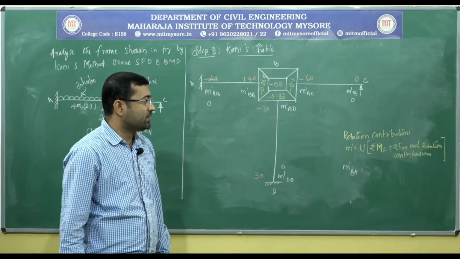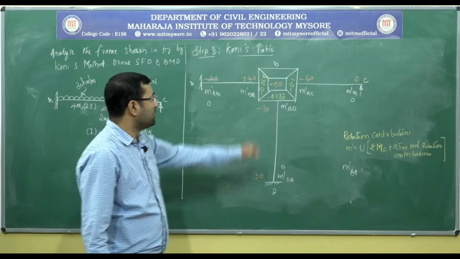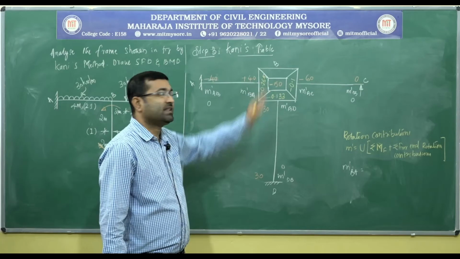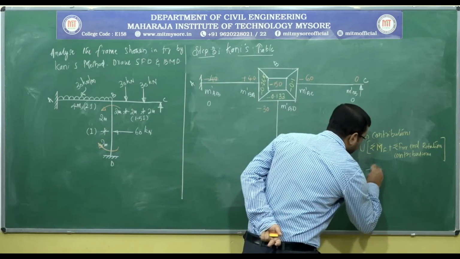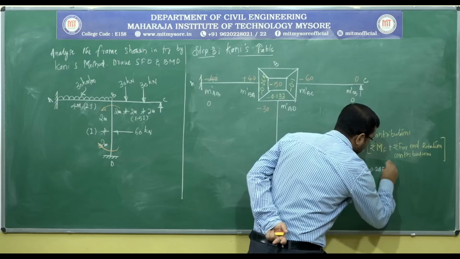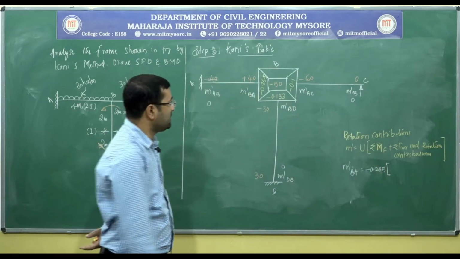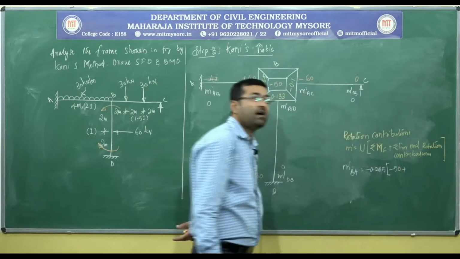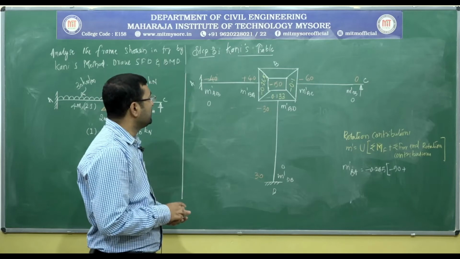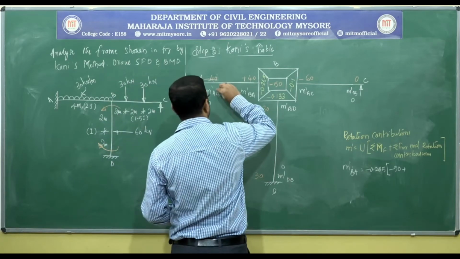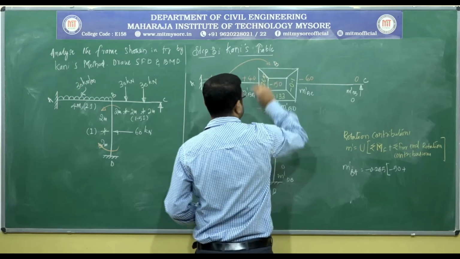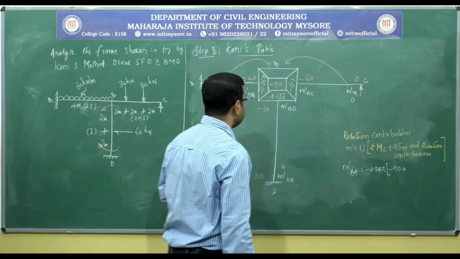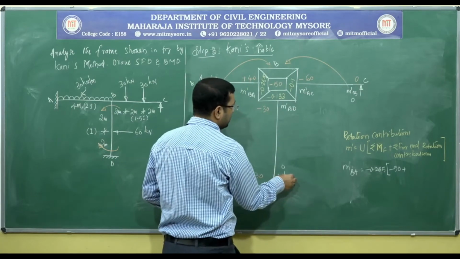M dash BA is equal to rotation factor, which is minus 0.265, into the algebraic sum of fixed end moments, minus 50, plus the far end rotation contributions. So the far end rotation contributions are M dash AB, M dash CB and M dash DB.